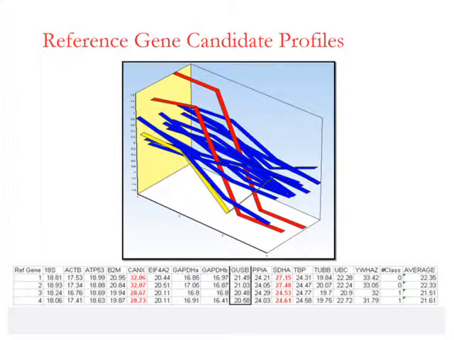Here we see the mean-centered expression profiles of the reference gene candidates of the 2 samples in each treatment group. Samples 1 and 2 belong to the first treatment group, and samples 3 and 4 belong to the second treatment group. As we study the expression profiles, we notice that both STHA and CANX have profiles that deviate significantly from the other reference gene candidates.